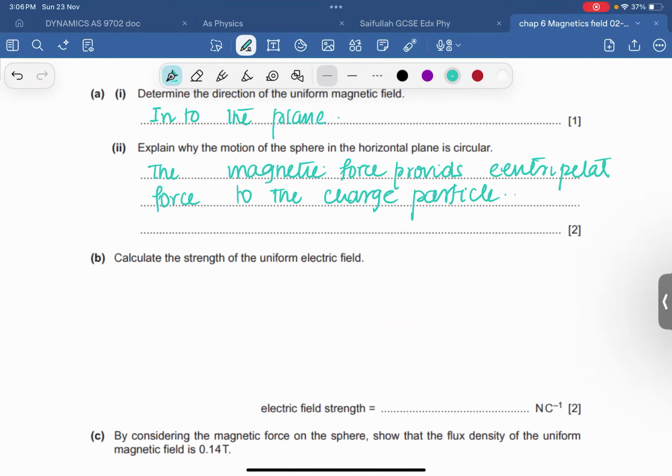The magnetic field and the velocity are perpendicular to each other. This is an important thing.